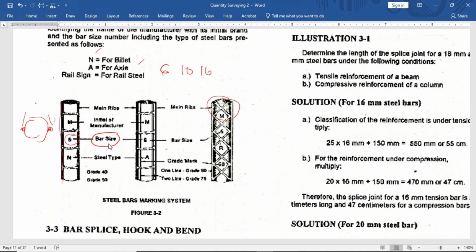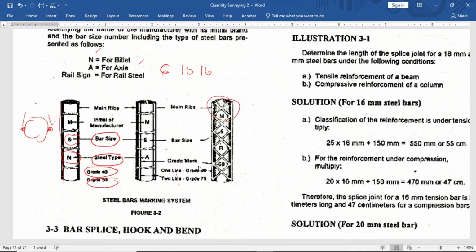Tapos, may nakalagay dito, steel type. Kung ano yung type ng steel natin, kasi ito N for billet. So, ito for billet lang to. So, meron tayong mga grade 40, grade 50. Yun yung mga strength category ng bakal natin.